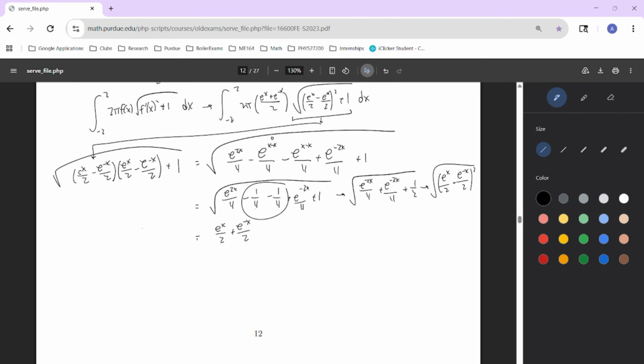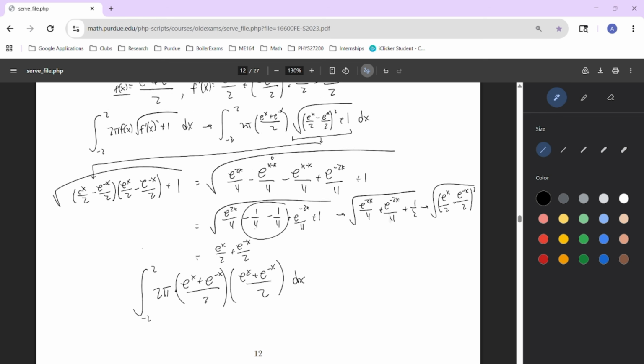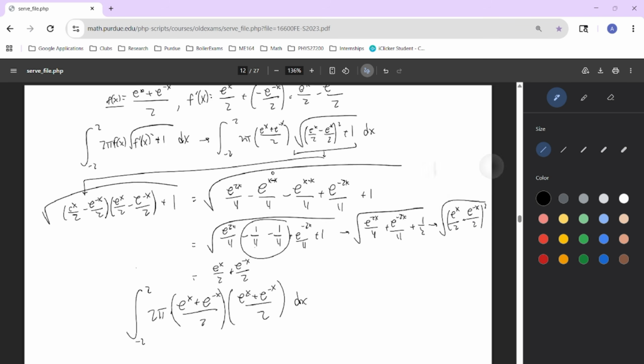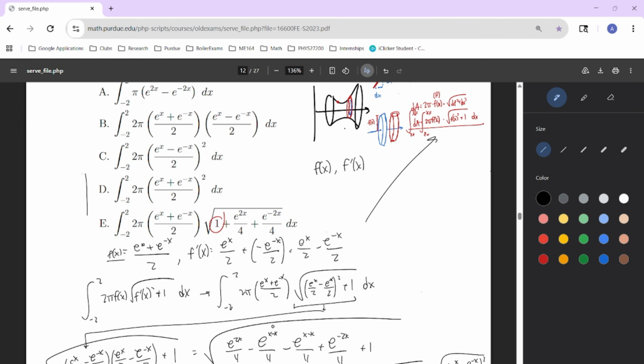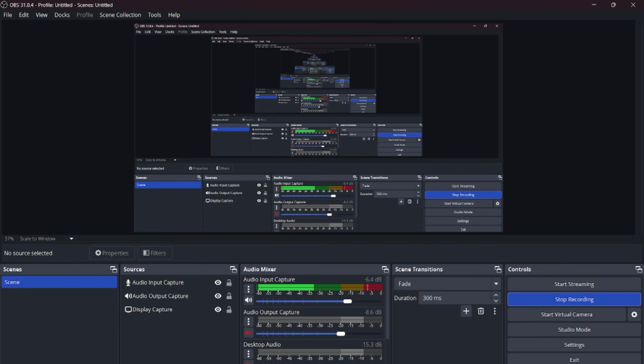So if you re-include everything together, that would be the integral from negative 2 to 2 of pi multiplied by (e to the x over 2 plus e to the negative x over 2), but then you multiply that again by (e to the x over 2 plus e to the negative x over 2) dx. Well, we don't even need to go any farther. We're good. That would in fact be answer choice D to solve this problem.